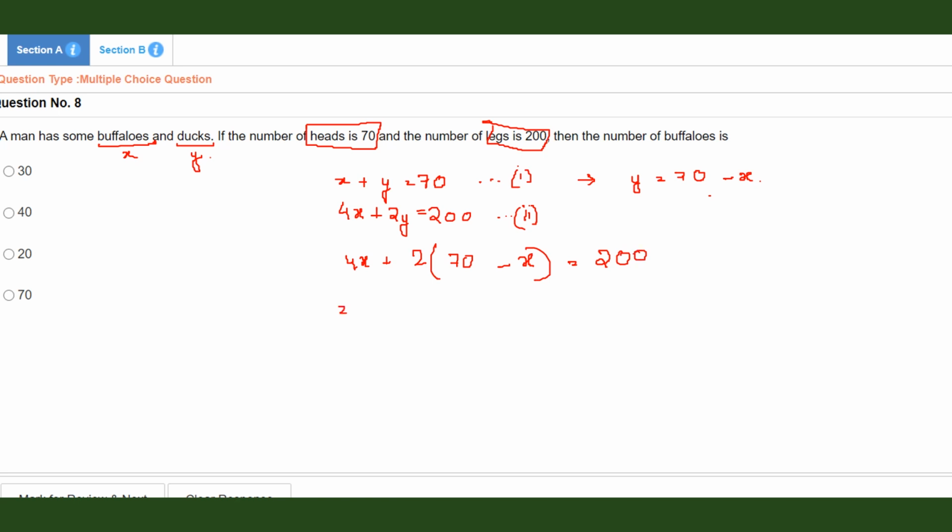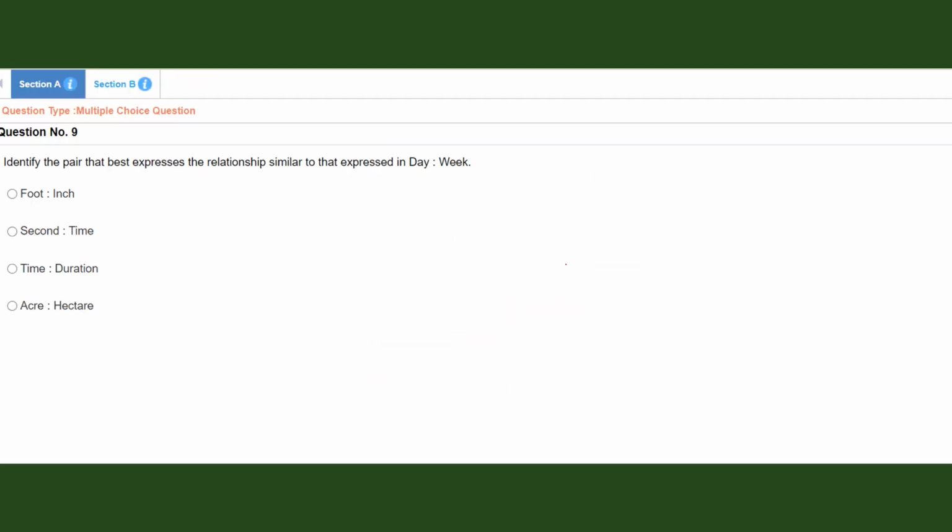Now if we solve this equation, 4x plus 140 minus 2x will be 200. 4x minus 2x will be 2x, which will be 200 minus 140, which is 60. Therefore x will be 60 by 2, which is 30. So x is the buffaloes, so the number of buffaloes will be 30. Answer will be A.